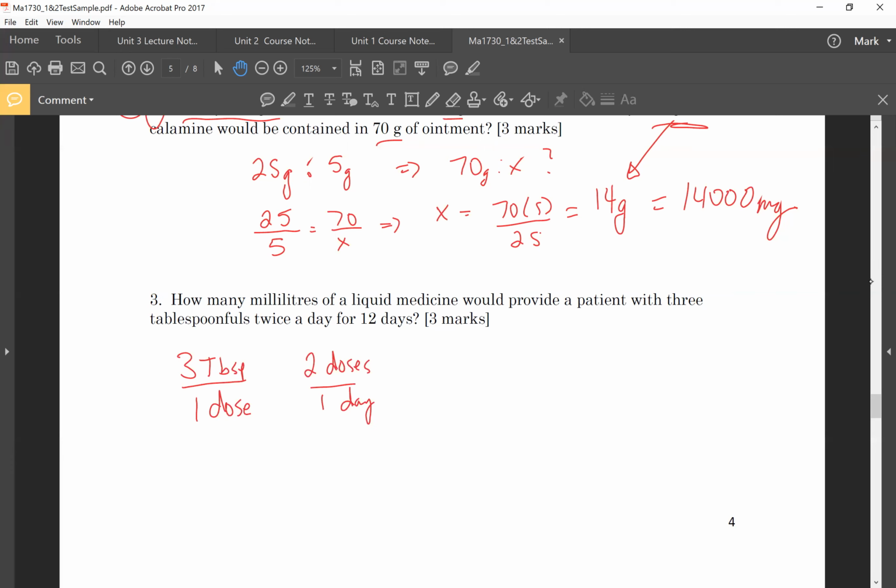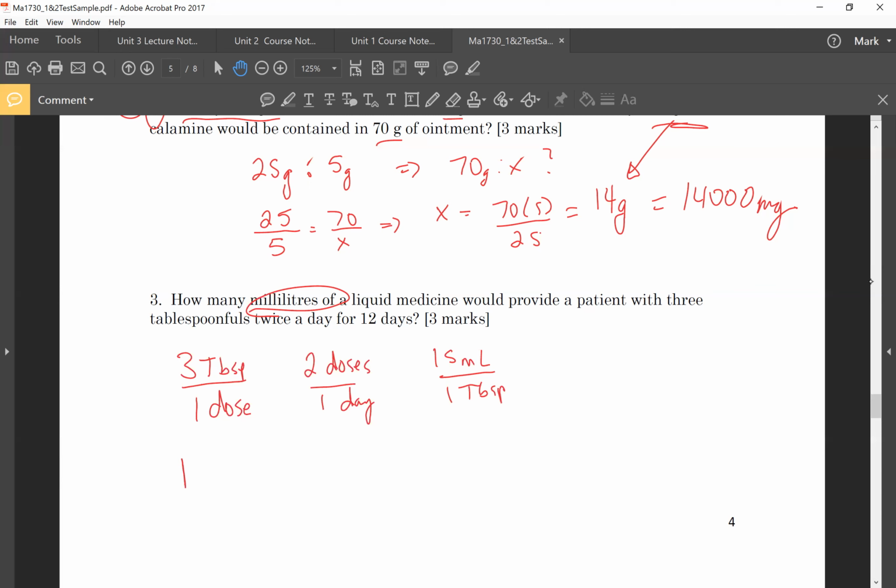It's looking for milliliters. Well, how many milliliters are in a tablespoon? Well, that's in your formula sheet. Your formula sheet says that 1 tablespoon is 15 milliliters. So using all of this information, we should be able to find our answer.